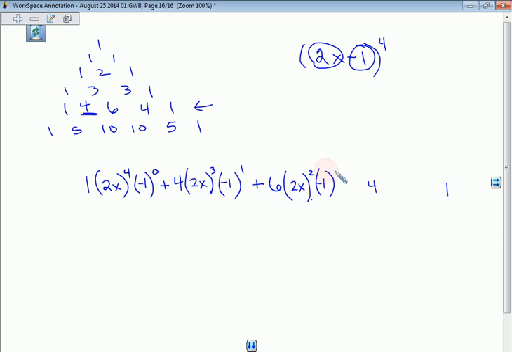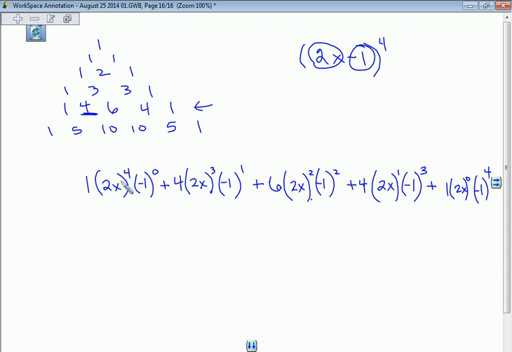The second term is squared. The first term is now down to the first power. The second term is now up to the 3rd. And the first term goes to the 0 power. And the second term goes to the 4th power.